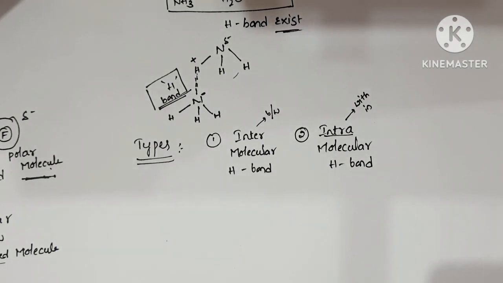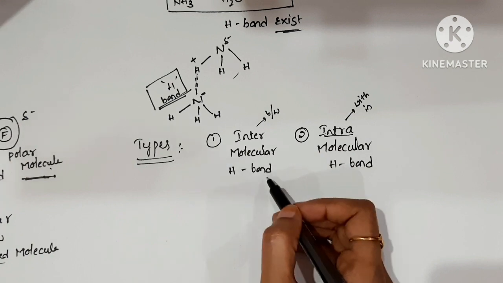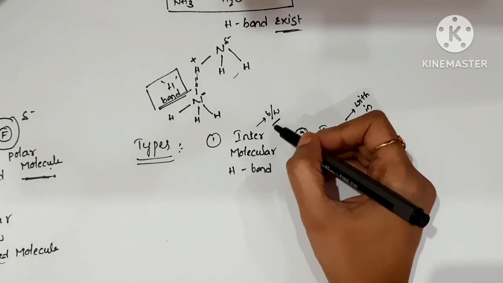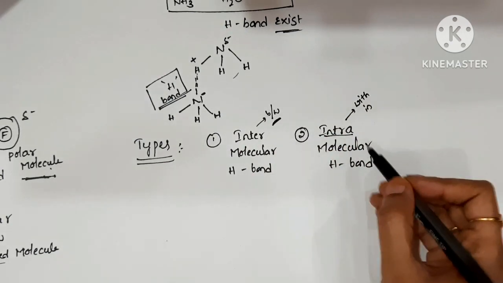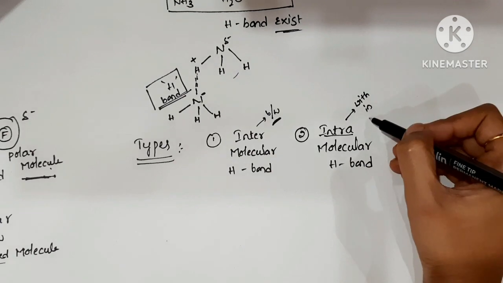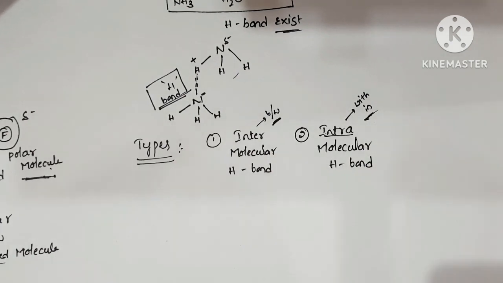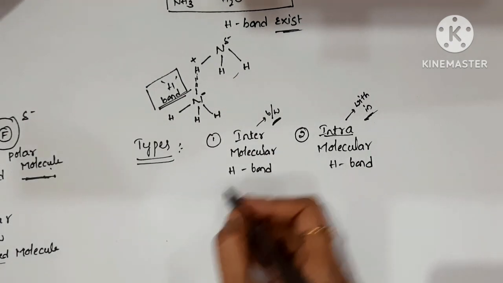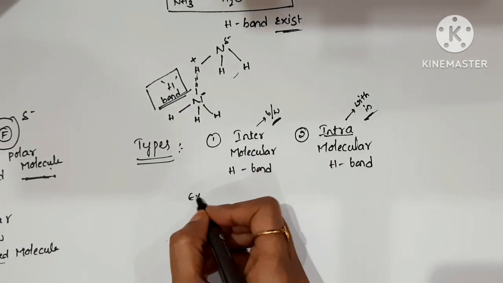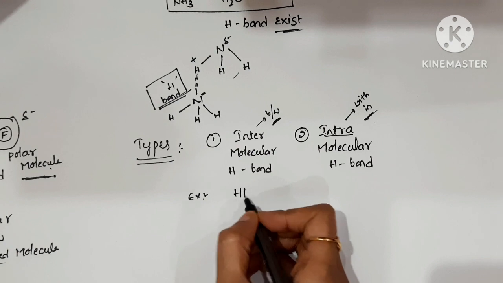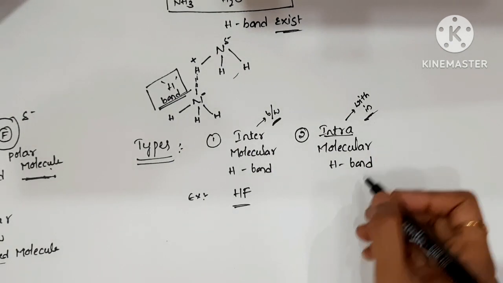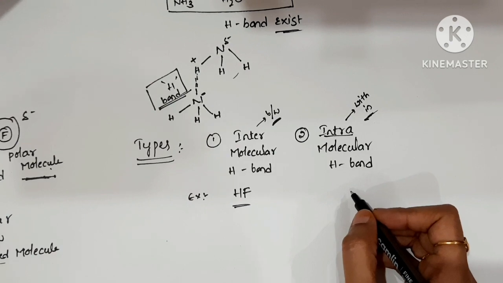Simply, intermolecular hydrogen bond means hydrogen bond between two molecules. Intramolecular hydrogen bond means hydrogen bond within the molecule. An example of intermolecular hydrogen bond is the HF molecule.